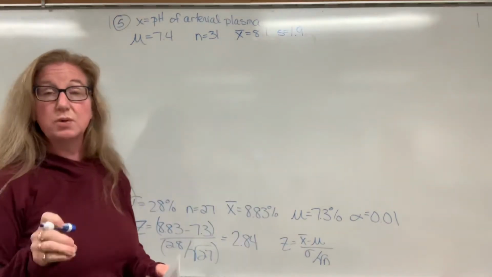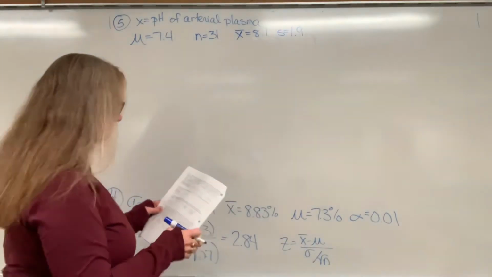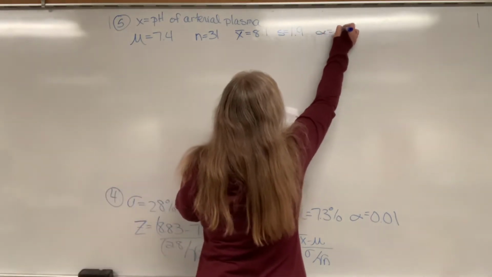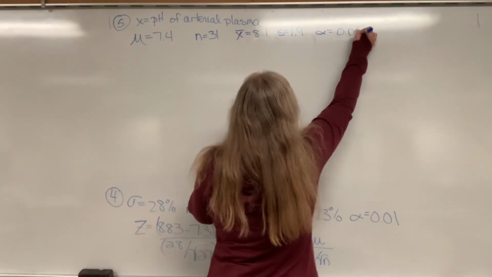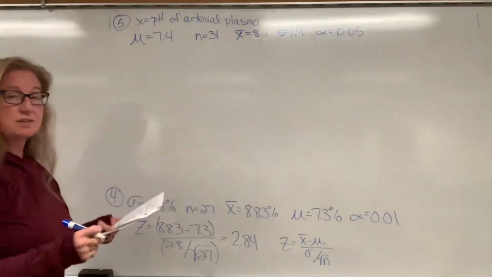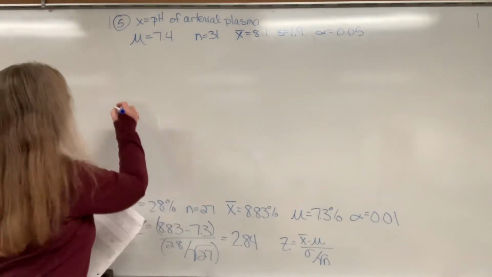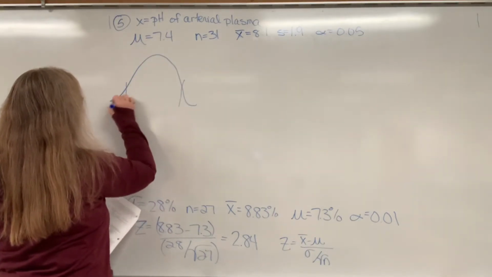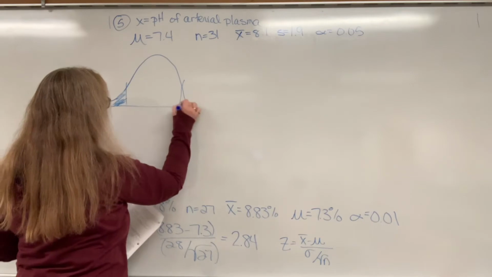That tells me I'm going to use t, not z. And that alpha is 0.05 to test the claim that the drug has changed blood pH either way, ding ding, two-tailed then, right? So I have things on both ends.